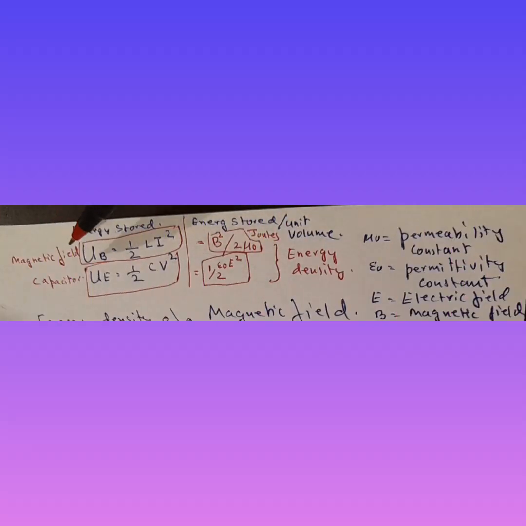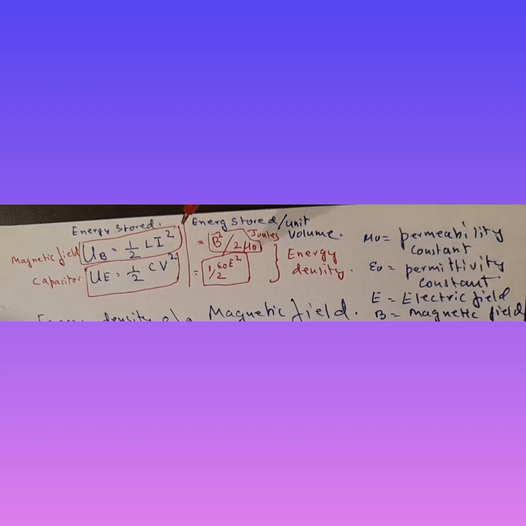So let's compare both the formulae. Magnetic field energy stored is this. Capacitor energy stored is this. Now energy stored per unit volume would be B square upon 2 mu 0, and energy stored per unit volume is half epsilon 0 E square, where mu 0 is permeability constant, epsilon 0 is permittivity constant, E is electric field and B is magnetic field.